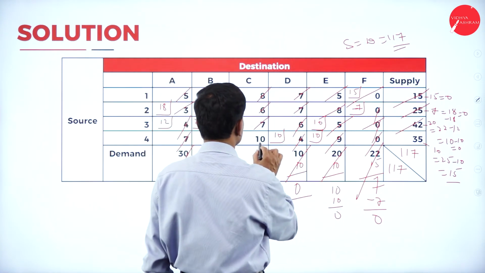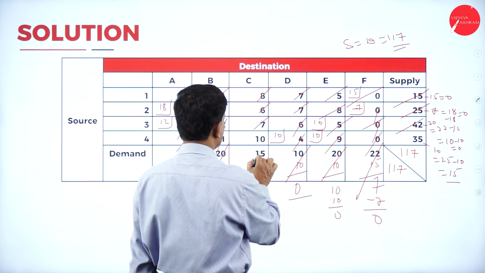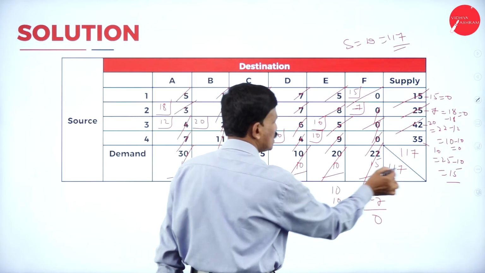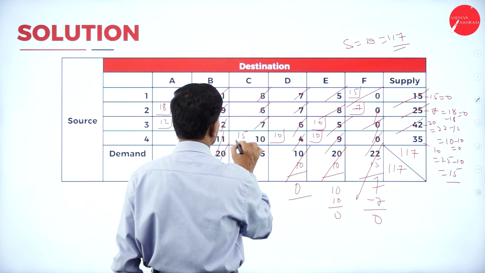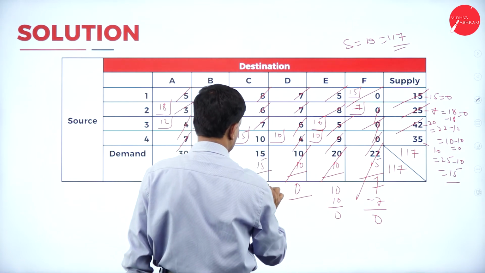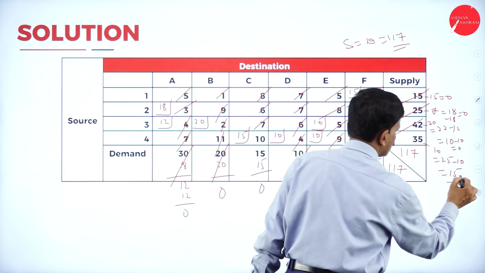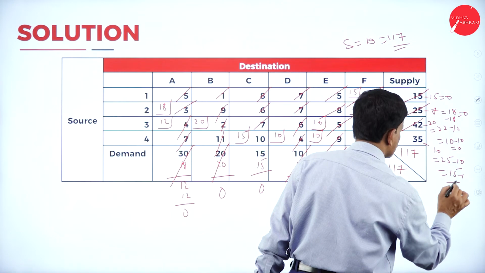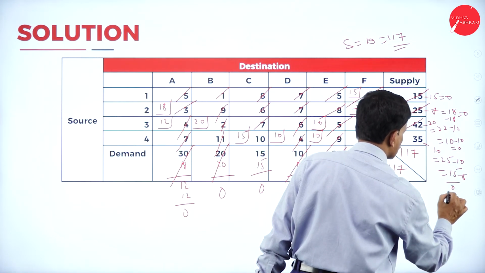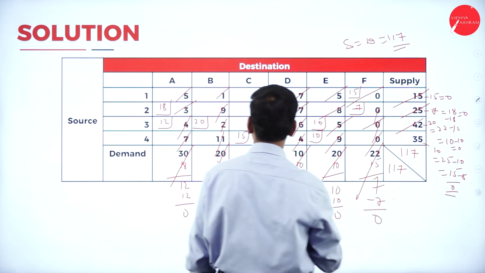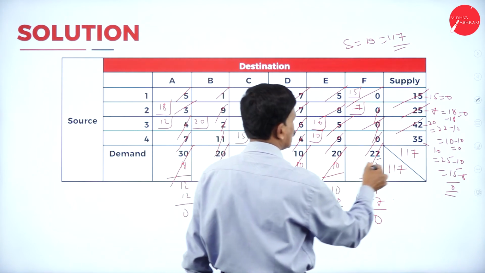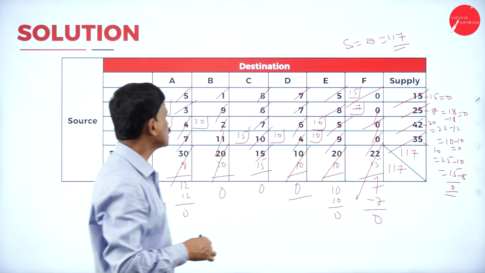And the last element remaining is 10. For this 10, the demand is 15 and the supply is also 15. We can allocate 15 here. 15 minus 15 is 0, and again 15 minus 15 is also equal to 0. So this will also get cancelled, and everything gets cancelled.